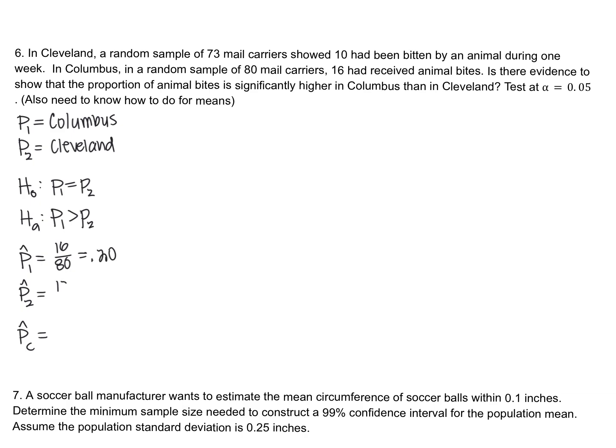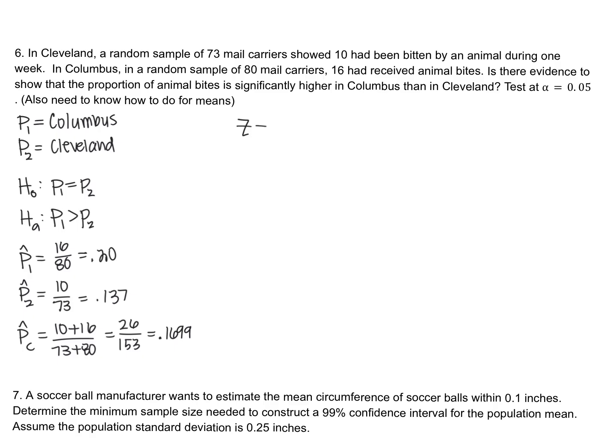P2 hat is going to be 10 over 73, which is going to be 0.137. And then our pooled proportion is our successes. So 10 plus 16 over 73 plus 80, which is 26 over 153, which is 0.1699.